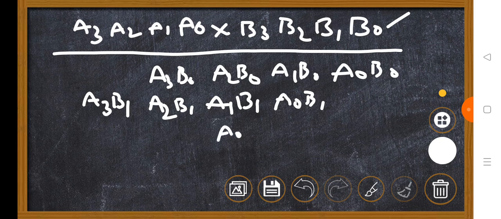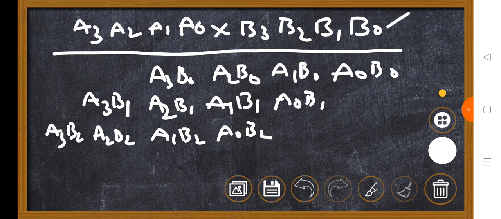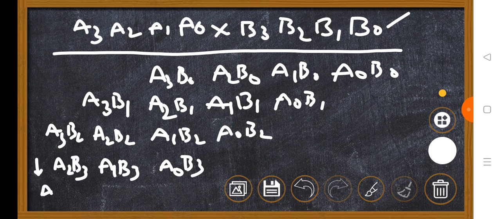After that, A0 into B2, A1 into B2, A2 into B2, A3 into B2. After that, A0 into B3, A1 into B3, A2 into B3, and here I don't have any space, that's why I am writing here A3 into B3.